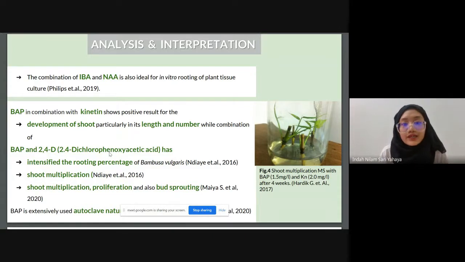BAP is extensively used also because of its autoclavable nature and cost effectiveness.